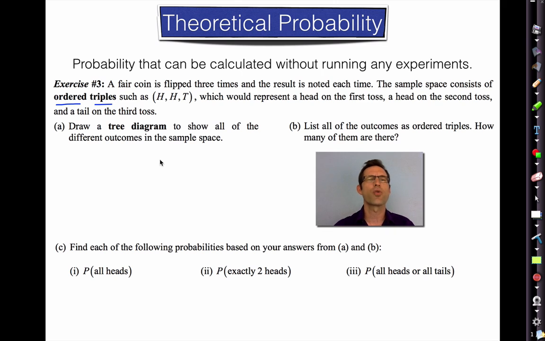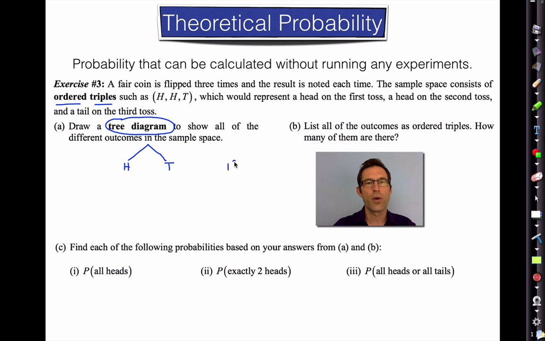Letter A asks us to draw a tree diagram to show all of the different outcomes in the sample space. Tree diagrams are a nice way of visualizing outcomes of more complicated experiments, and this is how they work. If I was going to do this experiment, the first thing I would do is flip the first coin, and it could turn out to be either a head or a tail.